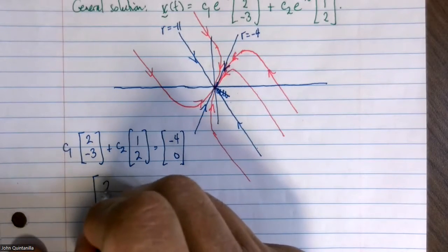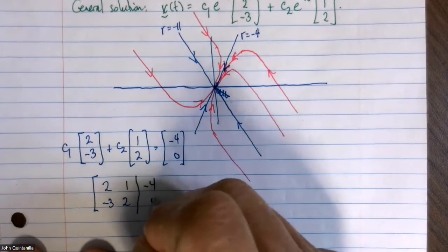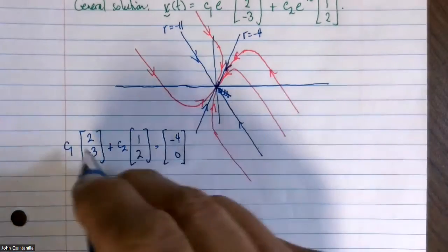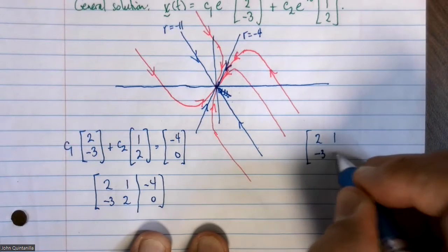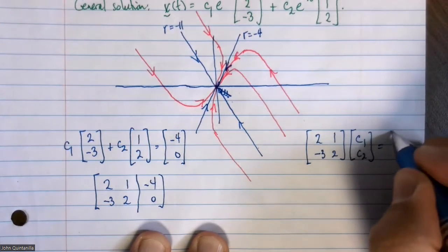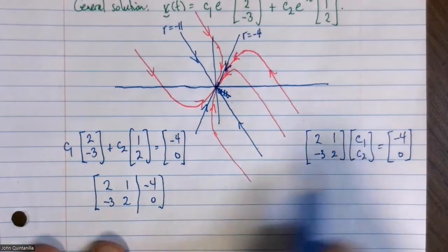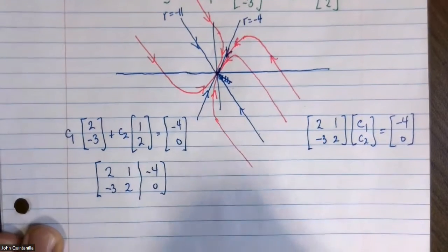So this can be thought of as [2, 1; -3, 2] times (c1, c2) equal to (-4, 0). And then this has the familiar form of an augmented matrix that we've seen from linear algebra.